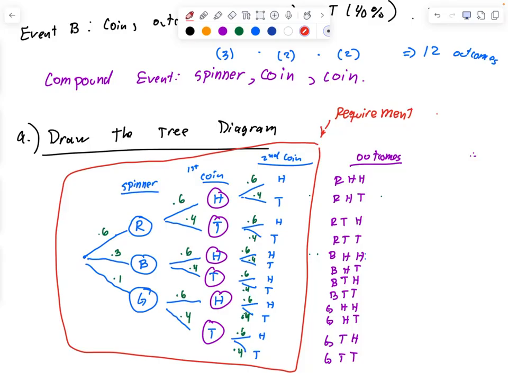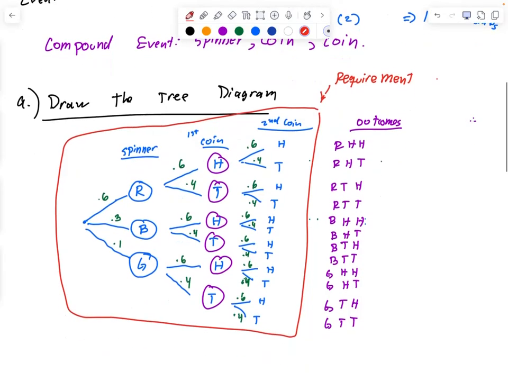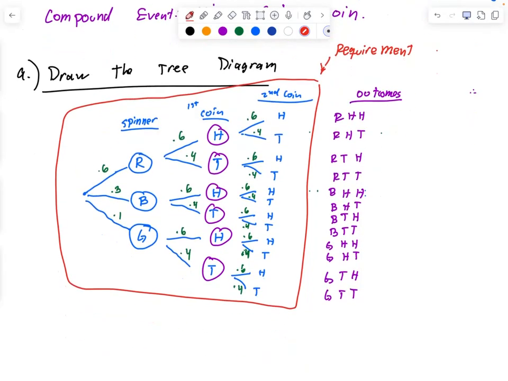How do I find that outcome? I followed its branches: red, which was 0.6, times heads, which was 0.6, times heads, which was 0.6. For those of you who are wondering, drawing the tree will not always be a requirement. We will let you off not having to draw the tree diagram, but we want you to do it for now.